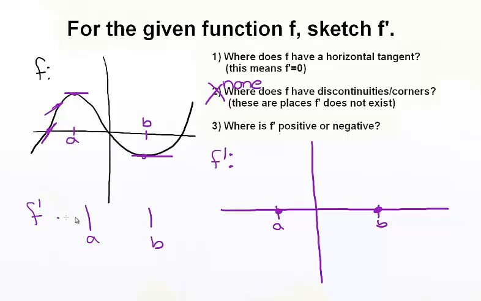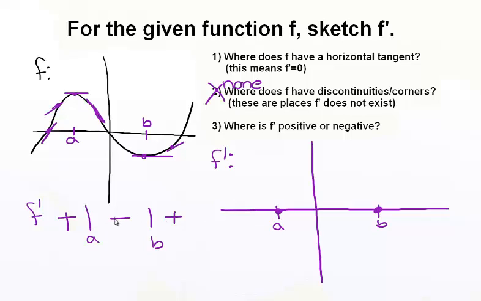So those are going to be positive. Then between A and B, if we draw a representative tangent line, that's going to have a negative slope. So between A and B, our derivative is negative, and then to the right, after B, we're going to get a positive slope again, so our derivative is positive.